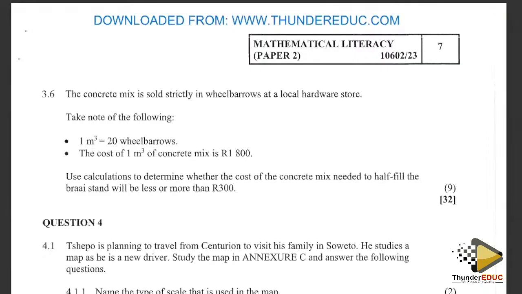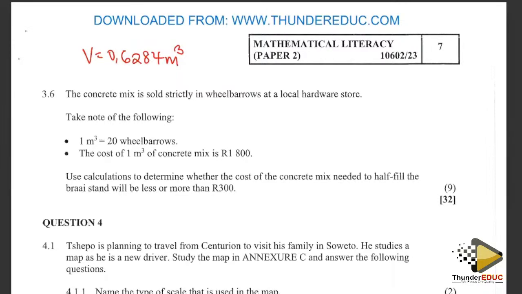Okay, now we go to question number 3.6. Remember, up there we've already got the answer, this was our volume in meters cubed. So here we go. The concrete mix is sold strictly in wheelbarrows at a local hardware store.